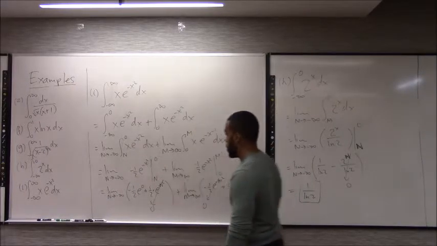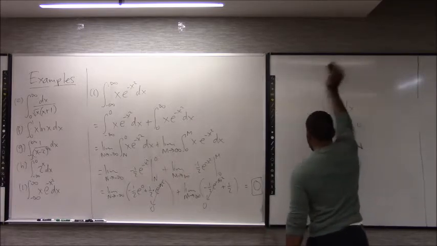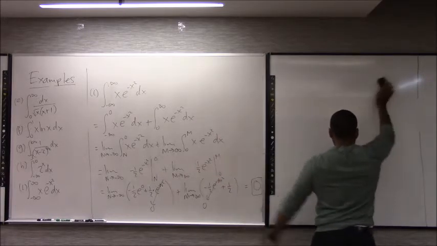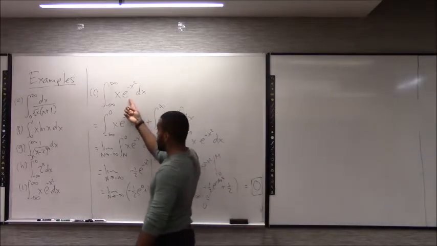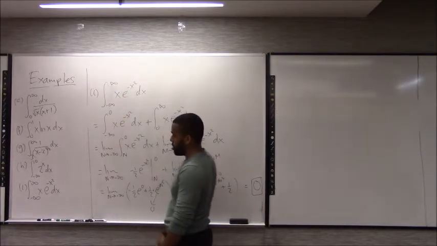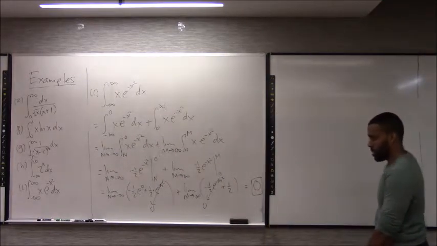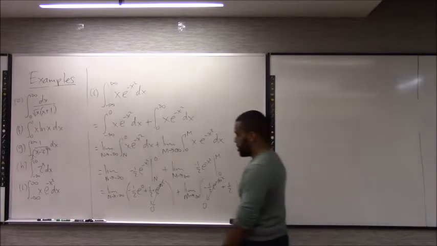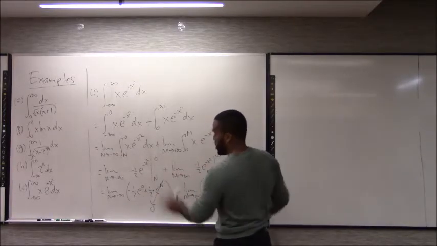Which might seem crazy to you, but just remember that there's an x there, and you're going from negative infinity to infinity. So this guy's always outputting positive numbers, but that guy's outputting negative numbers, and you have an odd kind of shape going on here, an odd graph, if you remember that from Calc 1. So the area on the right is equal to the area on the left, it's just that one is above and one is below.